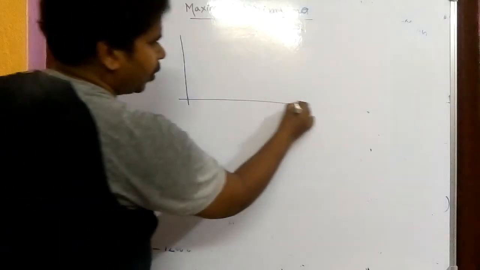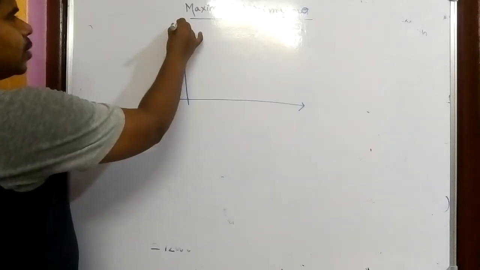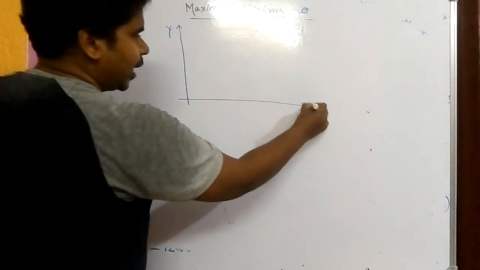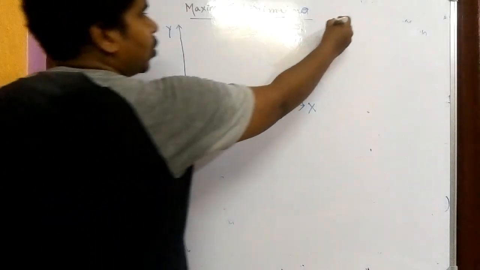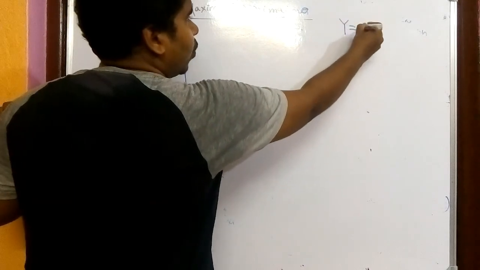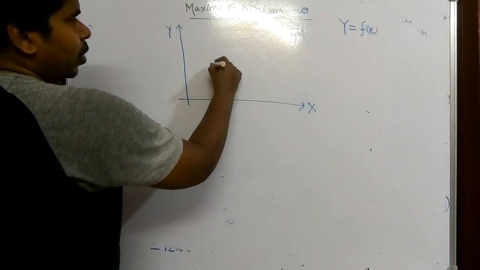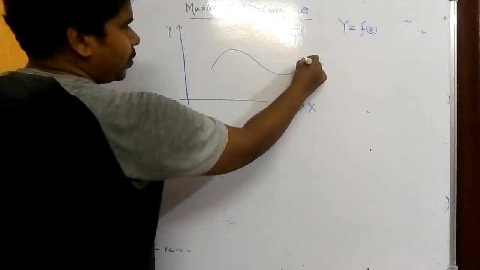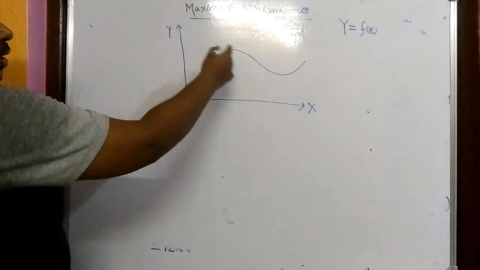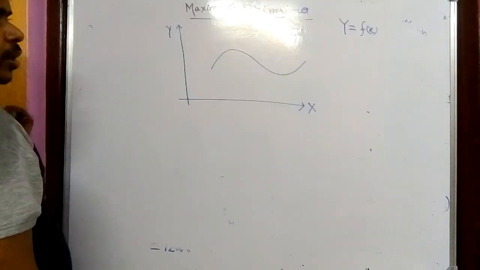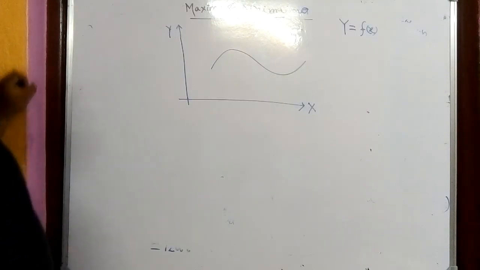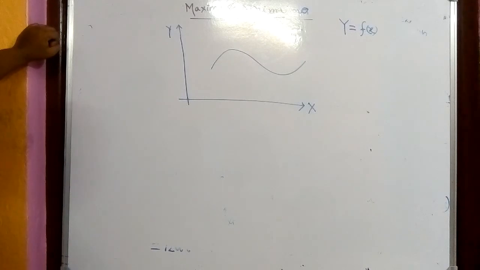So assume I have two axes, y and x, and one quantity y which is a function of x. If we represent it, it looks like this. That is the curve that shows the representation of y as a function of x.